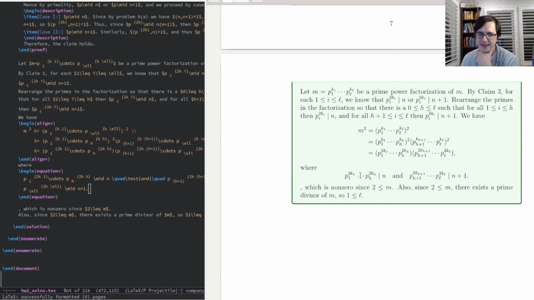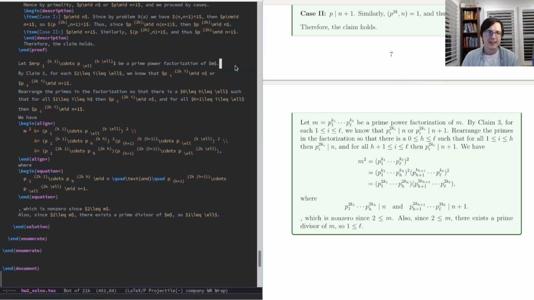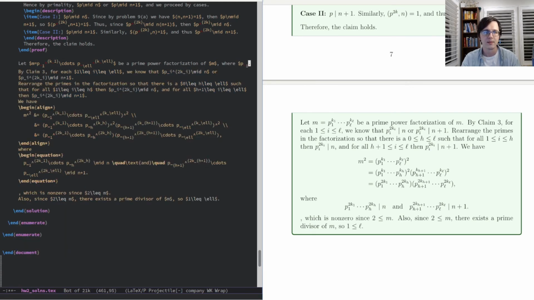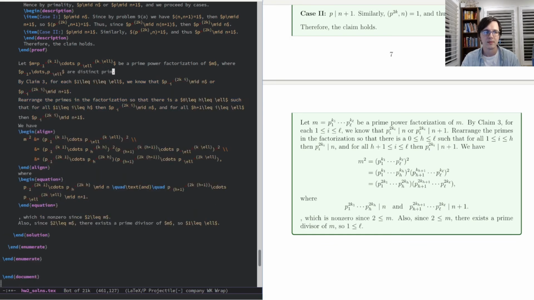So, why do we know that? One thing we should say is that we want these primes to all be distinct, because I want each one to be co-prime to each other.